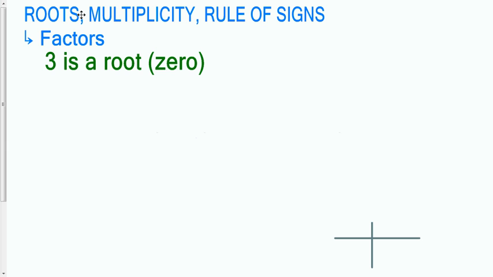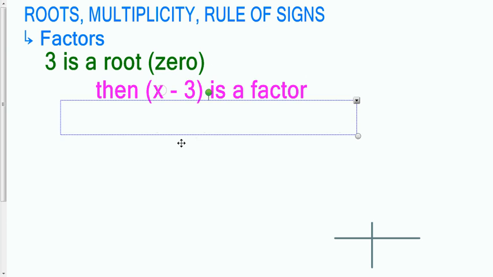And the first thing we're going to talk about are roots of multiplicity and the rule of signs. So first, the multiplicity and the roots and factors. If 3 is a root or a zero of a polynomial function, then we know that x minus 3 is a factor of that particular polynomial function.